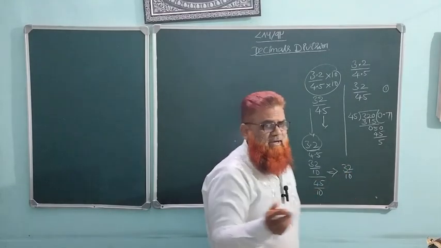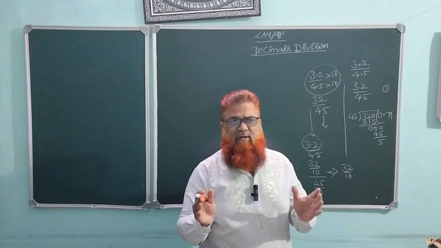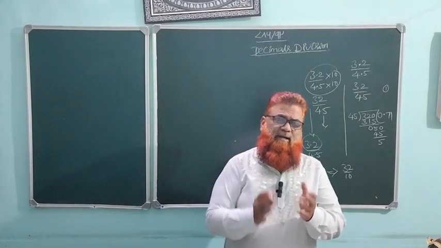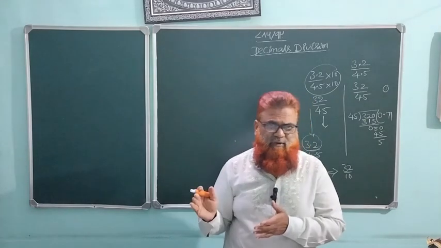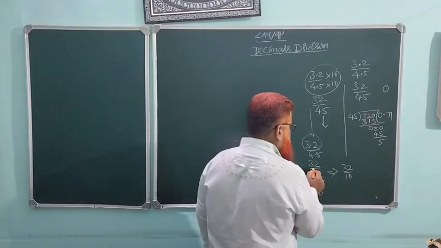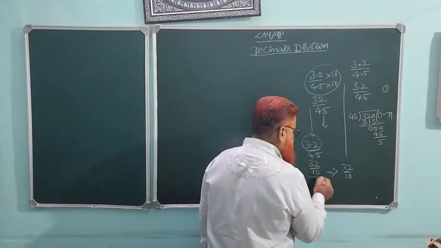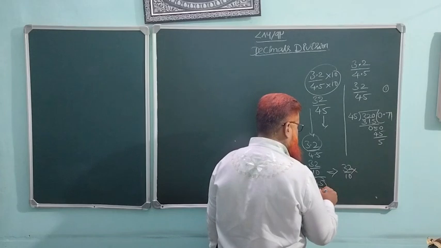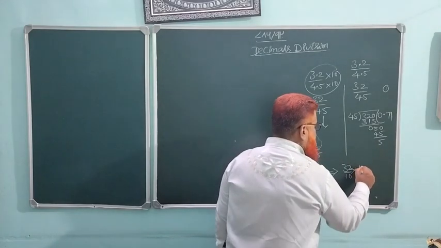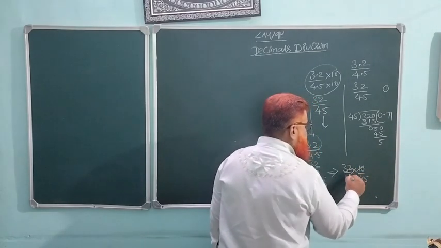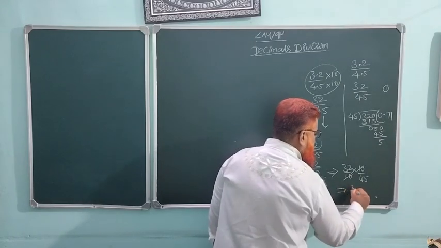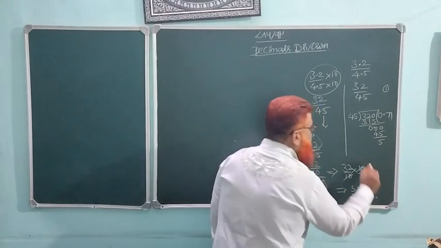In my previous video I took a complete video on division of fractions. The first fraction should be written as it is, and the second fraction as its reciprocal. 45 by 10 becomes 10 by 45. The 10s cancel, and again it will be 32 by 45.